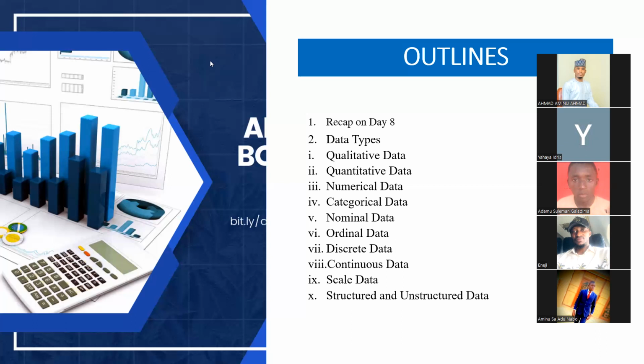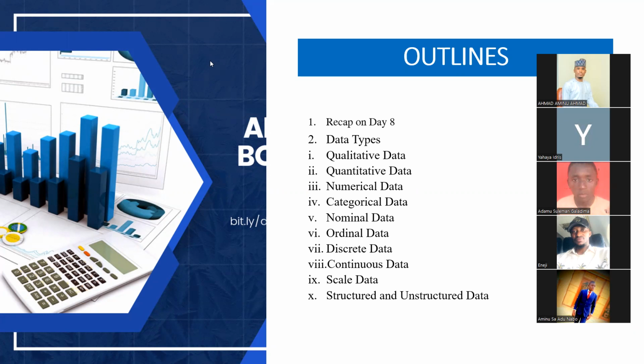So that from today you will know what the types of data are and how to go about treating such data. Take note, the data types that we are going to talk about are statistical data types.